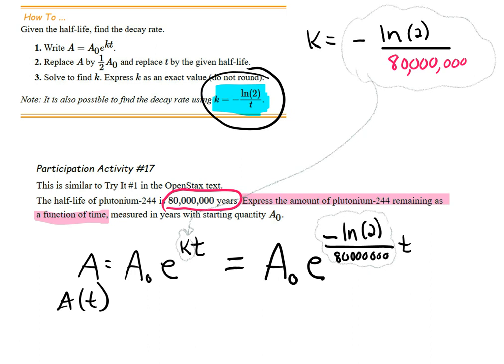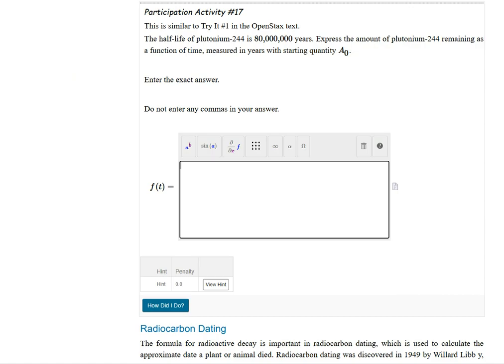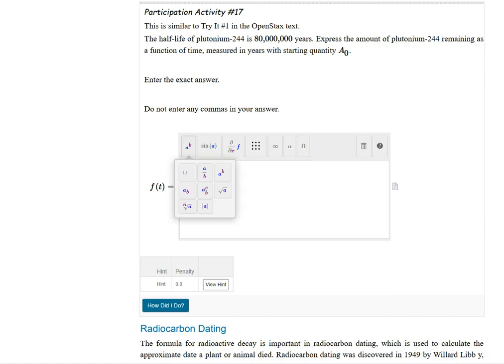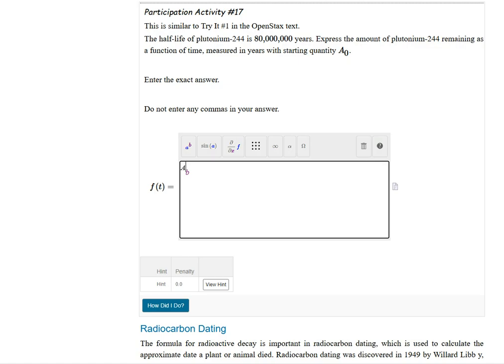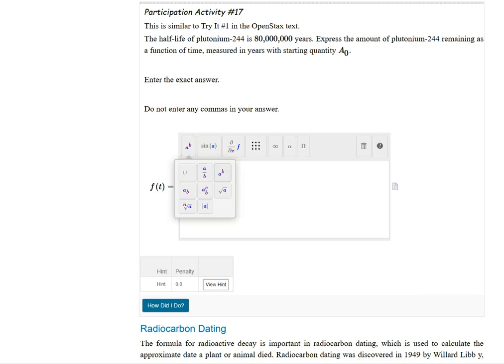So I have to go back to Mobius. All right, I need an A sub 0. That's a subscript. You have to type in a capital A, scroll over, delete the B, and put in a sub-zero. Don't use an O, use a 0. And then it's going to be E raised to a power, so I need my exponent guy.